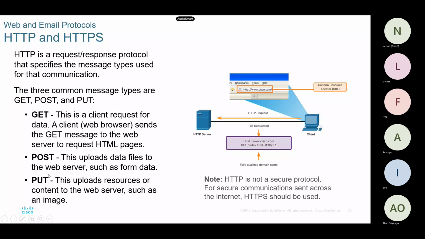And to upload things like images, videos, and audio files, we use the PUT method. So GET, POST, and PUT are three different messages that the web browser communicates with the web server.